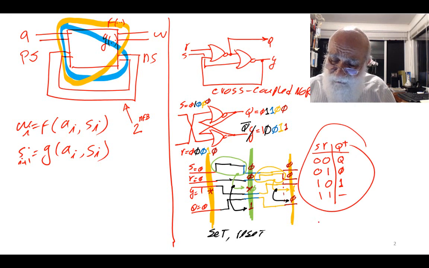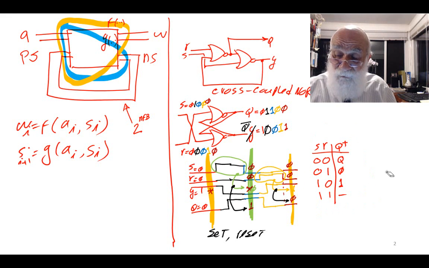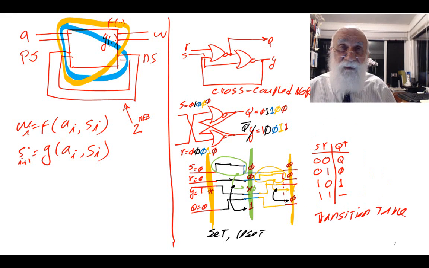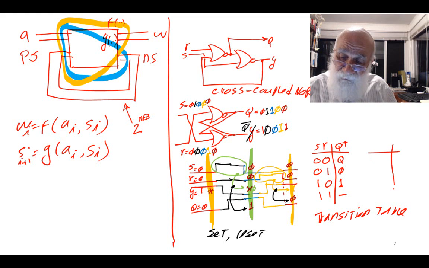This table looks like a Karnaugh map, but it's a truth table, but it's not a truth table. It's a transition table. The difference between a transition table and a truth table is that a truth table has the present output. Like for example, you say I have A, B, W, 0, 0, 0, 1, 1, 0, 1, 1.